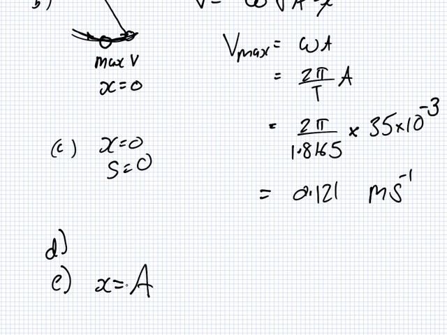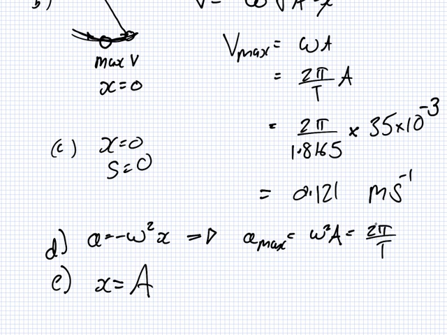Okay, so let's calculate the value of the acceleration. Using the formula a equals minus omega squared x, but I don't care about the minus because I just want the maximum. So a max equals omega squared a, which is 2 pi over T, squared, times a, which is a lot like what I typed in a moment ago, except it's a square.